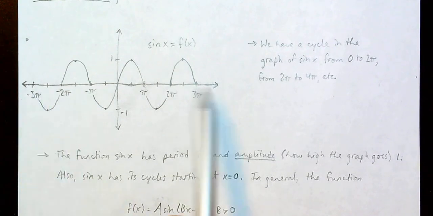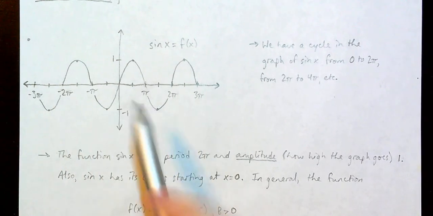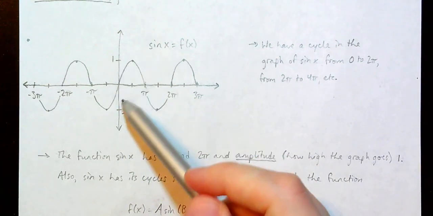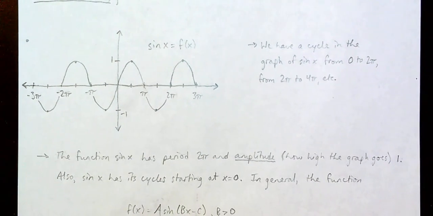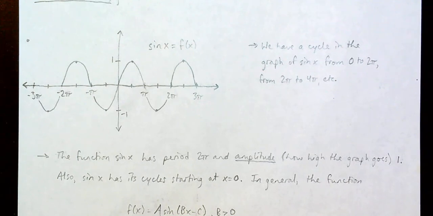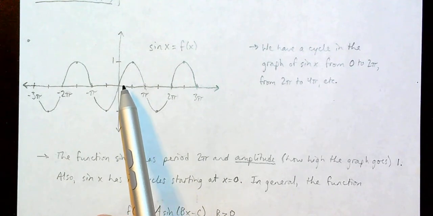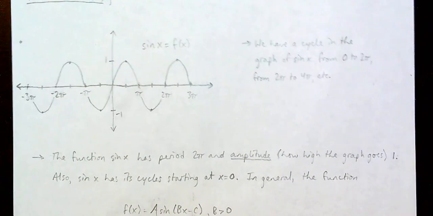In this case, with just sine x, if you picture the x-axis as the middle, from that center point we're going up 1 and also going down 1 from it. So that's the amplitude there: how far does our function go up or down from the center of that graph? And note that the cycles, the sequences of repeating values, start at x equal to 0.